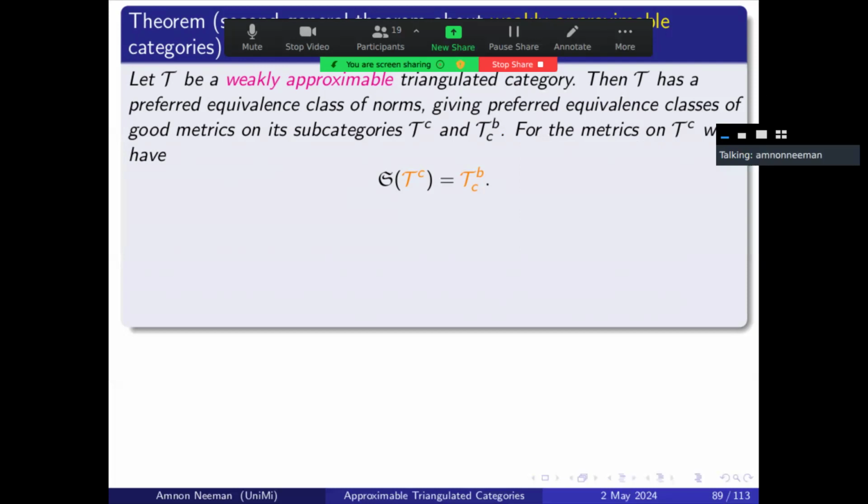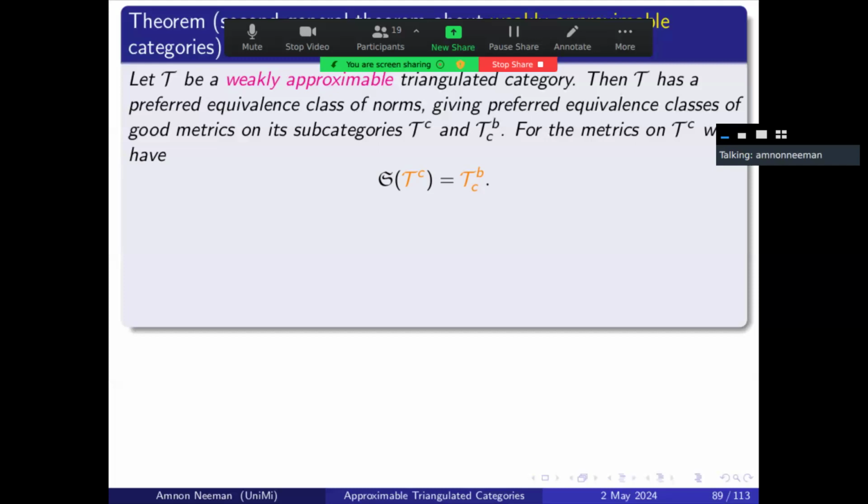But the examples are really special cases of a very general example, which says that if T is a weakly approximable triangulated category, then first of all, T has a preferred equivalence class of norms. There's a preferred equivalence class of t-structures, and each of them gives a metric, and a metric on T restricts to a metric on T^c and on T^bc. So you have good metrics on T, and therefore on T^c and T^bc.